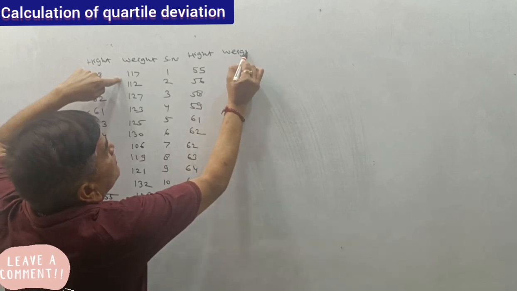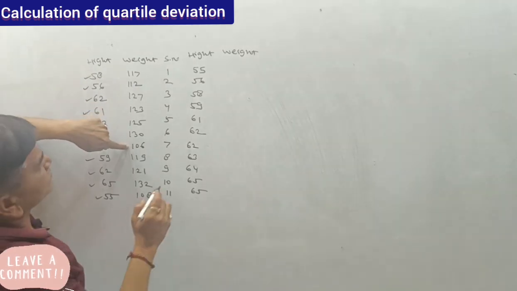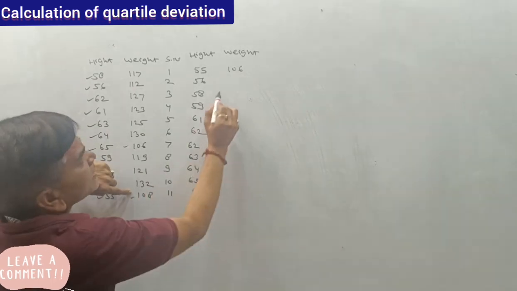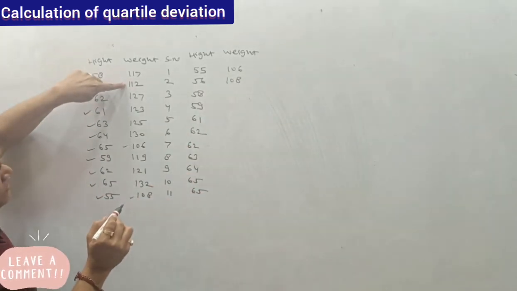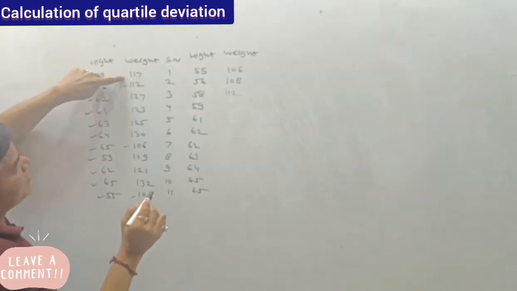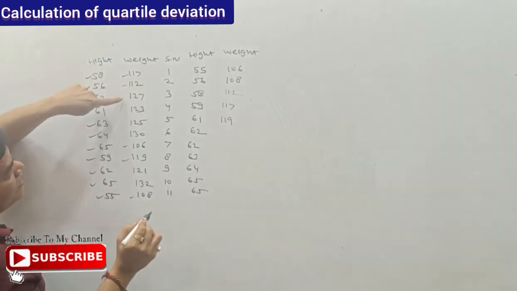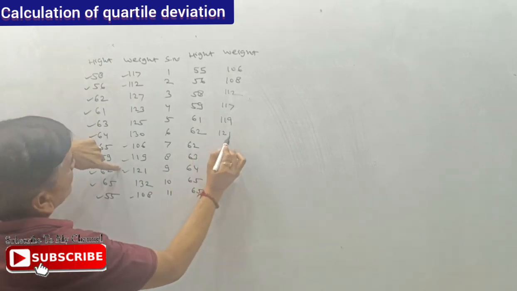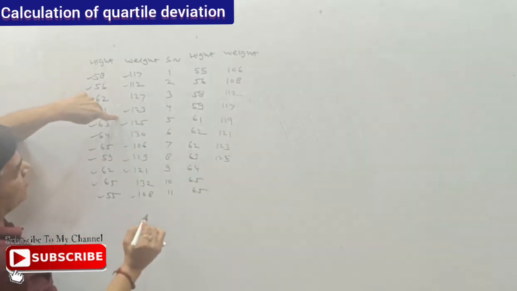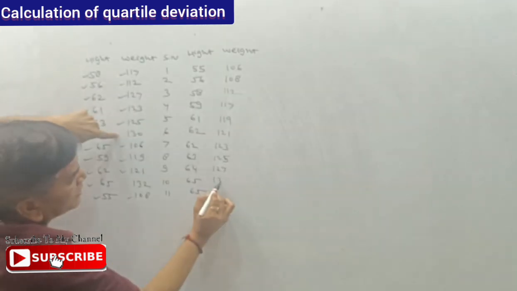Weight: the smallest weight is 106, then 108, then 112, then 117, then 119, then 121, then 123, 125, 127, 130 and 132.